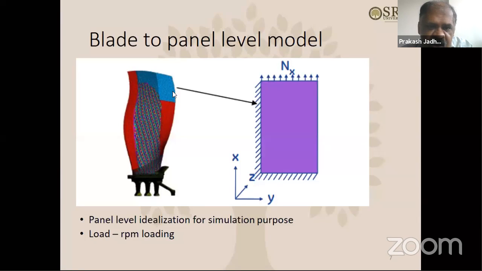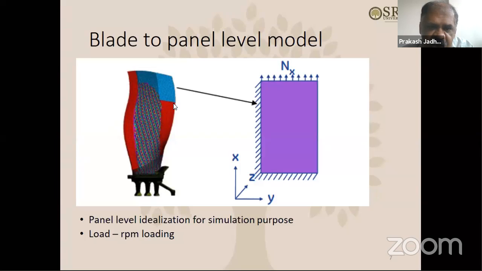Okay, so we decided that we'll take the exact layup that is there in this rectangular shape area, which is near to the trailing edge, and we'll build those layups inside this simplified flat panel. Okay, and the boundary connection, of course, symmetric boundary connection will apply here because this is part of the blade. So the left edge will have symmetric boundary connection.